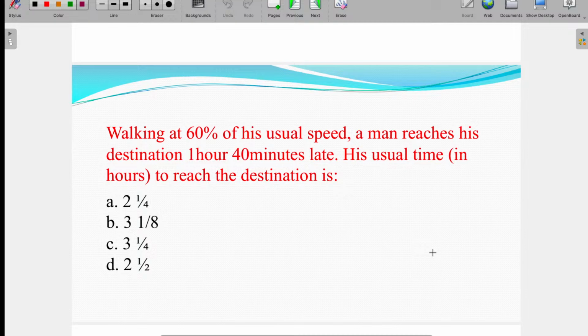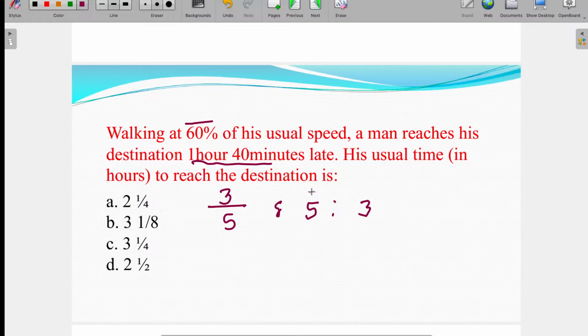Anyone? Same question. Walking at 60 percentage of his usual speed, a man reaches his destination 1 hour 40 minutes late. First, 60 percentage means 3 by 5. Usually he is going 5 kilometer per hour, but now he is going 60 percentage of this, which means 3 kilometer per hour now.